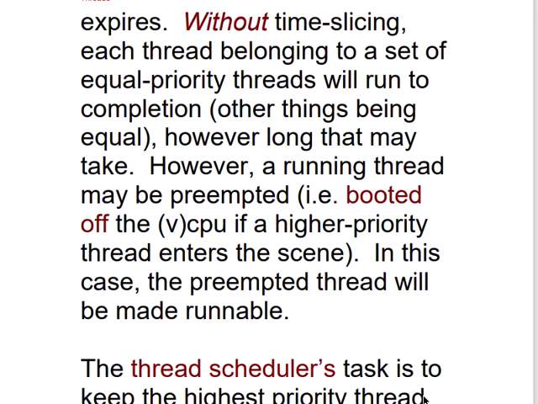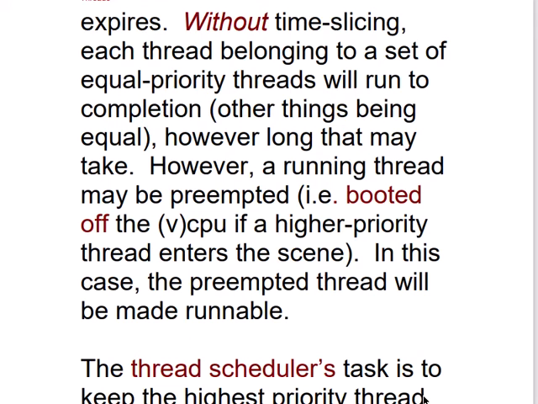Without time slicing, each thread belonging to a set of equal priority threads will run to completion. I suppose that's the natural consequence of not having time slicing, but having a set of threads all with exactly the same priority.